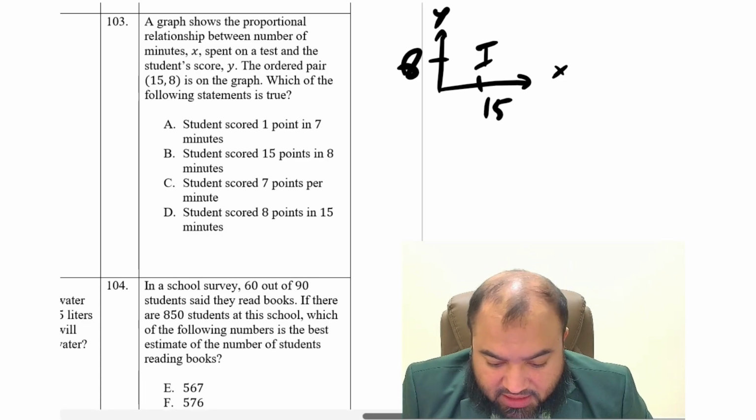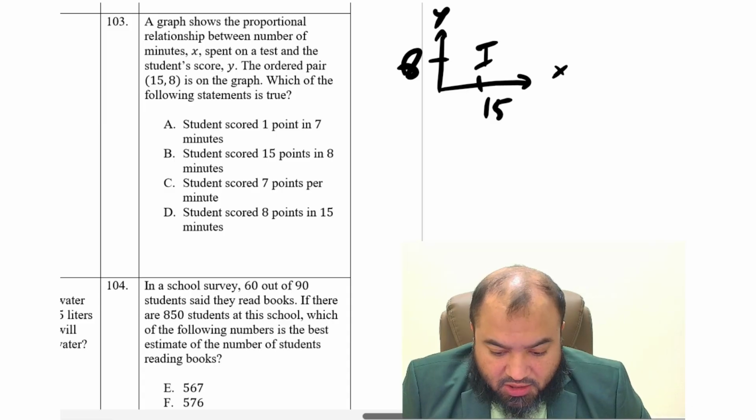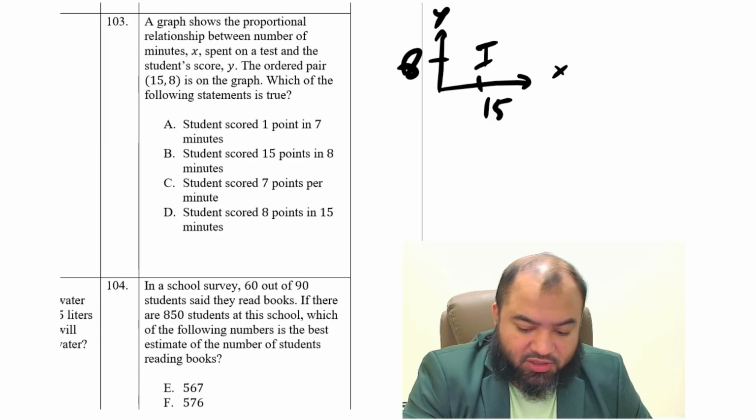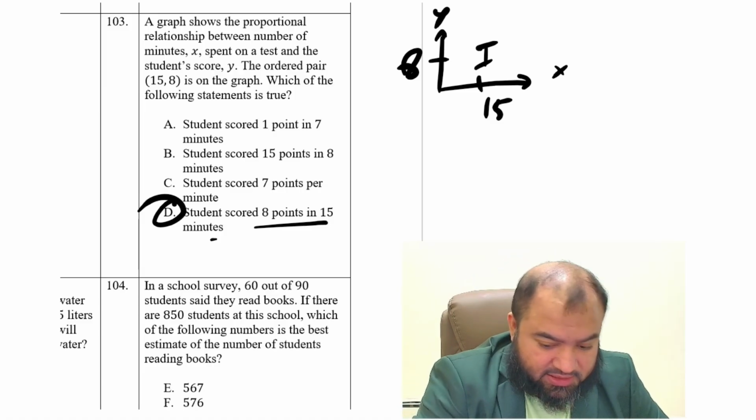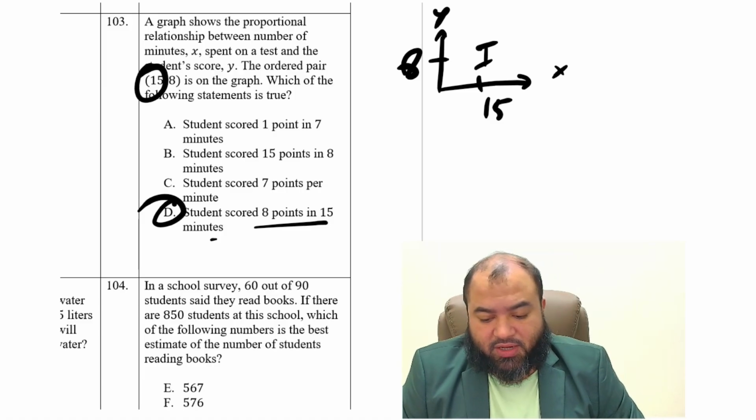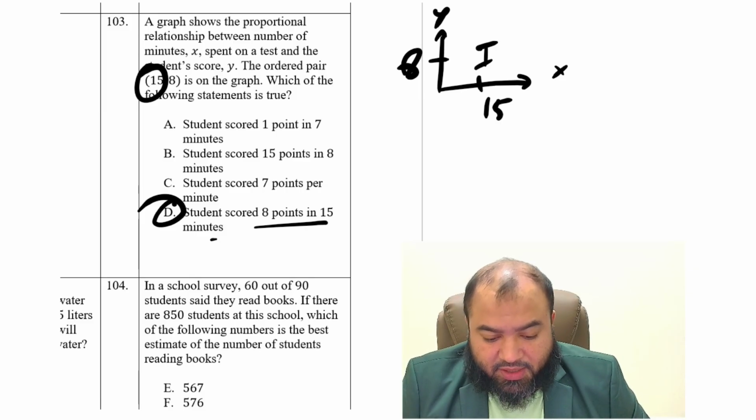Which of the following statements is true? Student scores 1 point in 7 minutes. No, that's not it. Okay, so 8 points, 15 minutes, yeah. Because the x is the minute. The first one is the minute, so 8 points in 15 minutes.